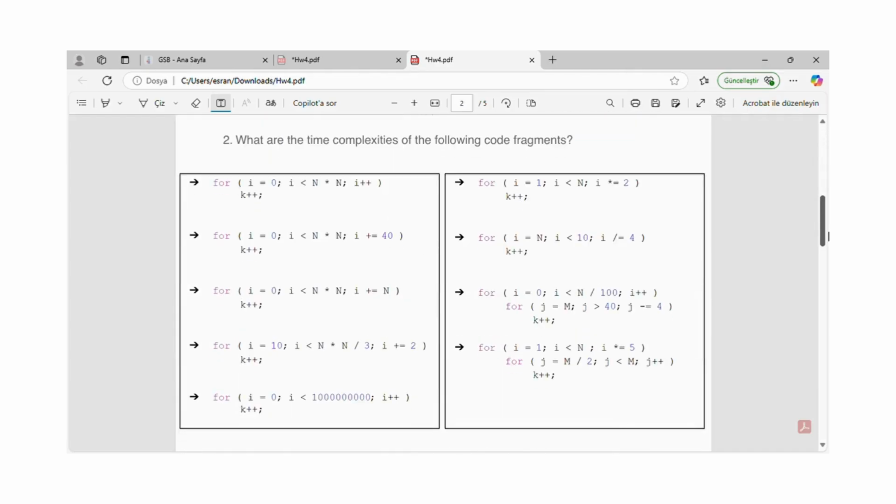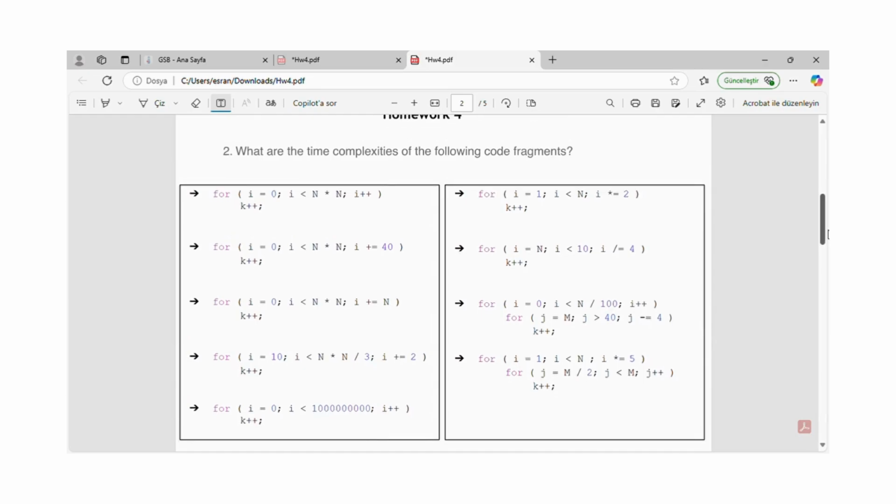What are the time complexities of the following code fragments? And on the left side, the first one here, it runs n square times. So our time complexity is O(n square).